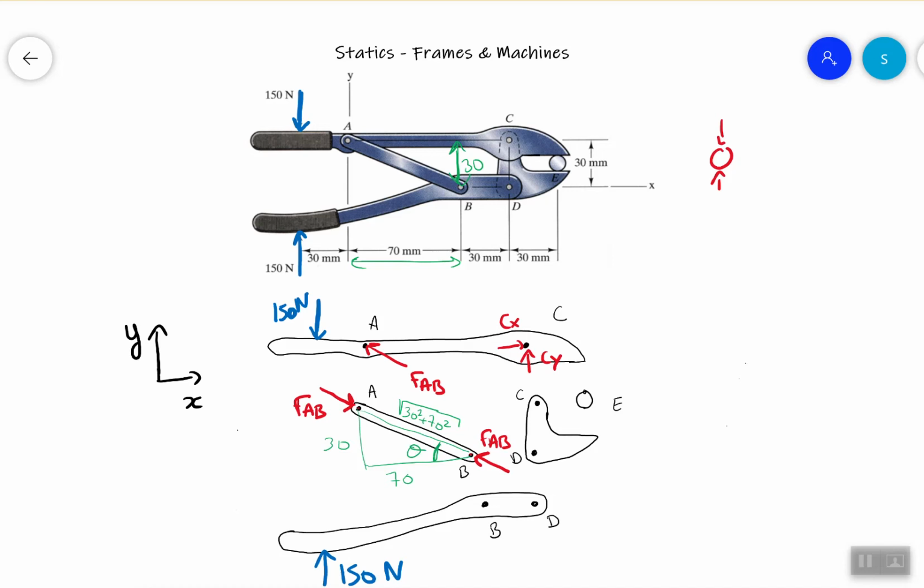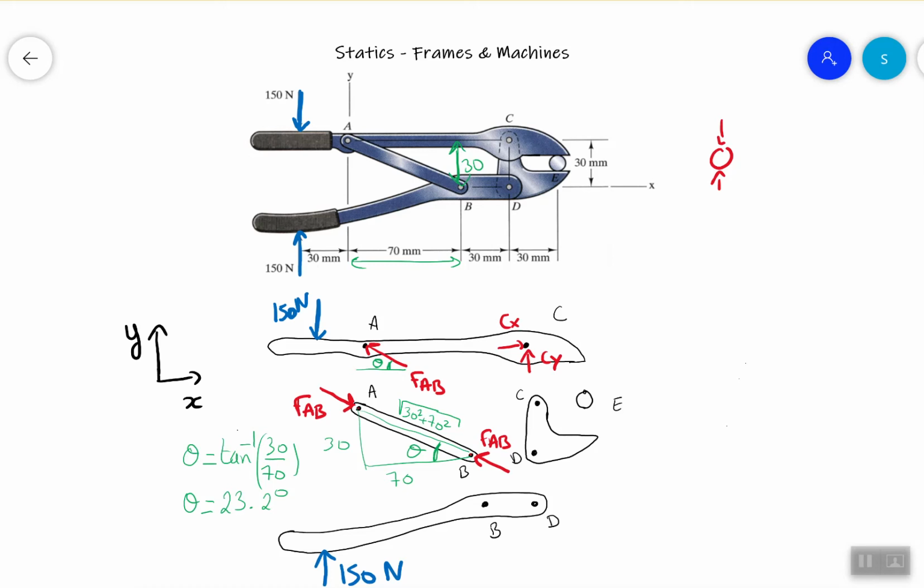How much is theta? Theta is the inverse tan of 30 divided by 70, which is 23.2 degrees. So it means that this angle there is also theta with the x. Okay, so that's very helpful because we have three unknowns, so technically we are able to solve with that.